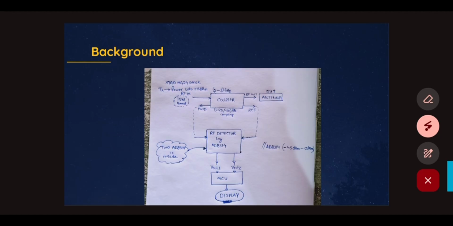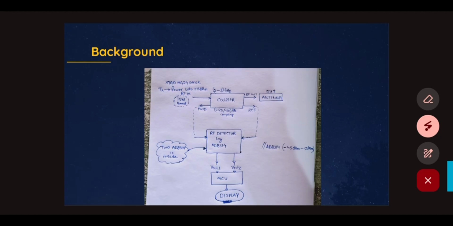Why does it matter? Because ICs like the AD8314 can deal with minus 45 dBm to 0 dBm, and the power we are injecting is 13 dBm. So definitely it will fry or destroy this IC. So we need something like an attenuator to lower this power.